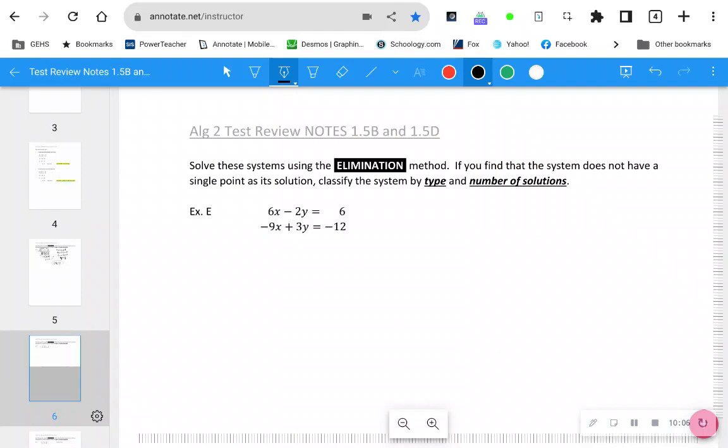We have these numbers here, 6x and negative 9x. These both go into 18, so I'm going to shoot for an 18x on the top and a negative 18x for the bottom line, which means we have to triple the top line, and the bottom line just times 2.